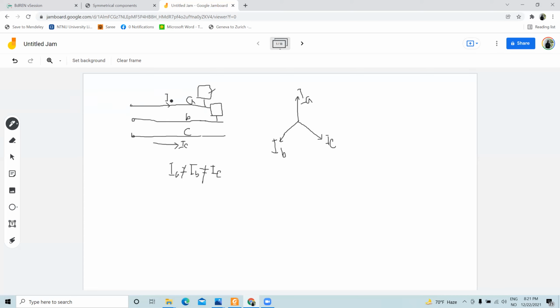As a result, the current flowing through the line will not be the same. This is what you normally expect. But if you neglect the small differences, then the overall currents are more or less similar. They are of course not exactly equal, but they are very close to each other.